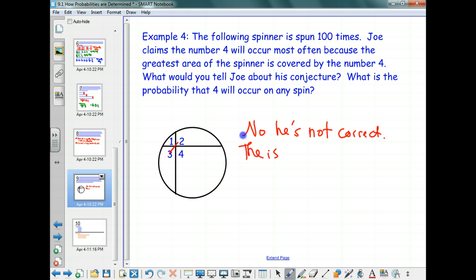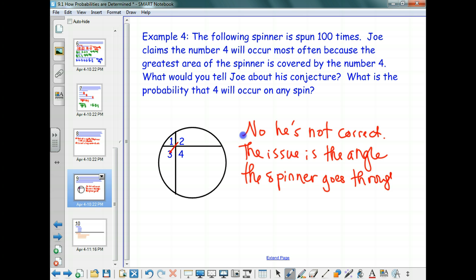We'll say something like, the issue is the angle the spinner goes through. And here, each angle, and you could actually say it's 90 degrees if you like, but each angle is equal.